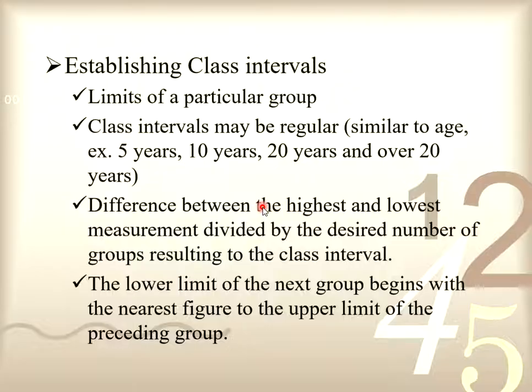Class intervals may be regular, similar to age: 5, 10, 20, and over 20. The difference between the highest and the lowest measurement divided by the desired number of groups results in the class interval. The lower limit of the next group begins with the nearest figure of the upper limit of the preceding group. What does that mean?